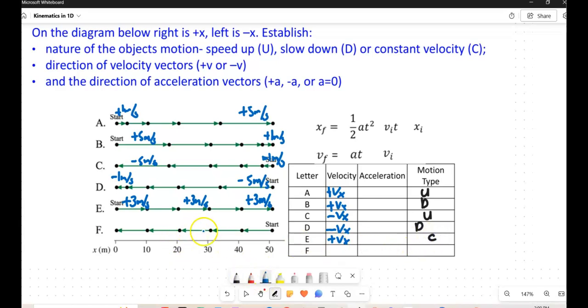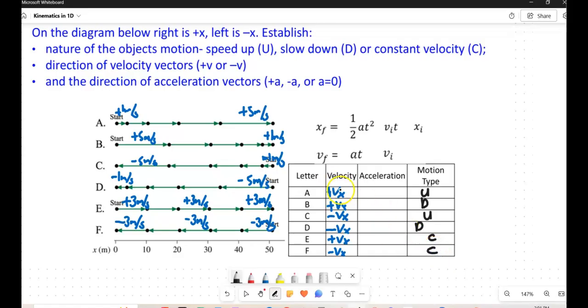Over here with F, you start out here, you're moving to the left at 3 meters per second. In the middle part, you're still moving to the left at 3 meters per second. And in the end, you're still moving to the left at 3 meters per second. So those are all negative vectors, and that is also constant velocity.